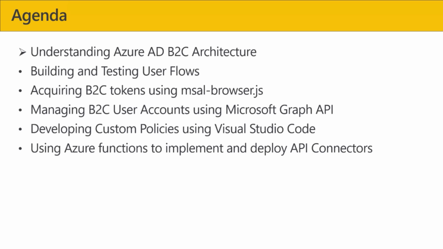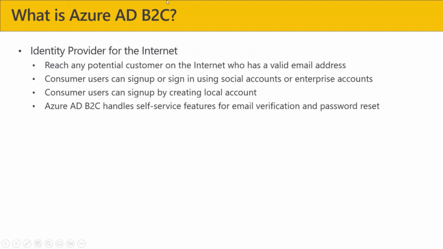Later in the session, we'll get into some deeper developer details: once you've created everything in Azure AD B2C, how do you program against it to get access tokens? We'll look at the best practice of using msal-browser.js for SPA applications. The last three sections are going to be deeper developer sections. Hopefully, everything will be very interesting and exciting.